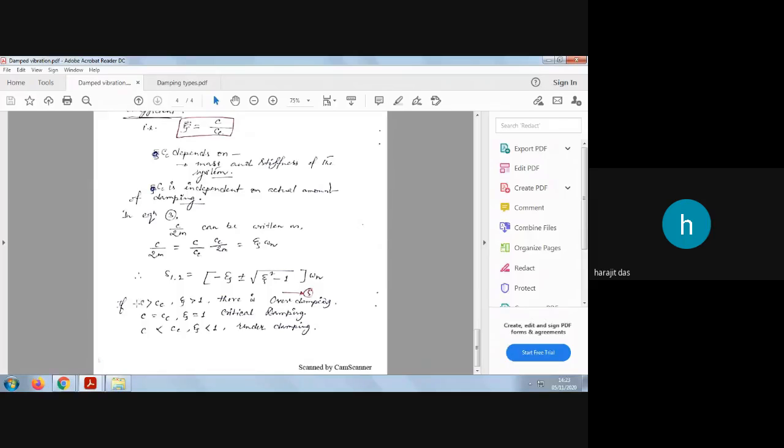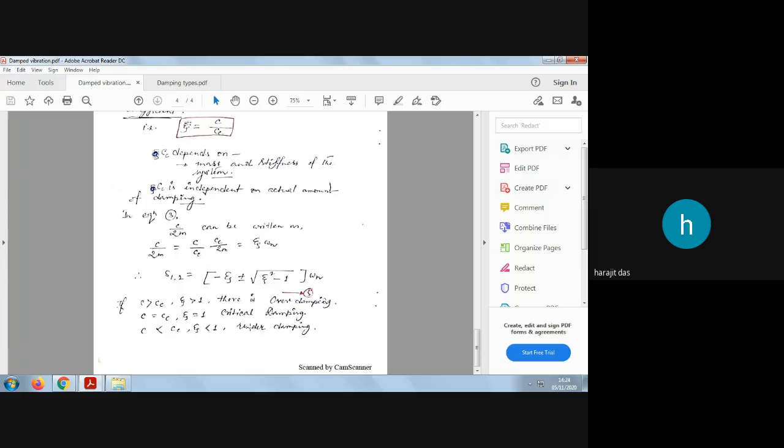under damping. These three lines are very important from an exam point of view. In any exam, any competitive exam, the GATE exam, there will always be one question in alternate years. Sometimes it is asked as critical damping, sometimes as under damping.